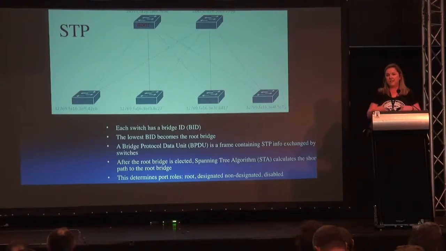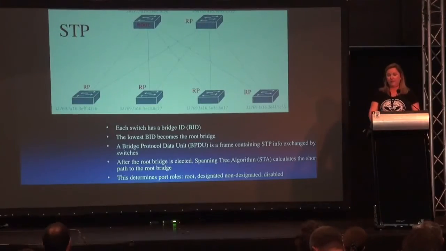These BPDUs are sent saying, I'm the root bridge, until they receive one where they think, oh no, you're the root bridge, you're better than me. Once all these are going through, adding the costs of the paths, each switch elects its root port, which is the port that is closest to the root bridge. So in this diagram, they've all elected their root ports.